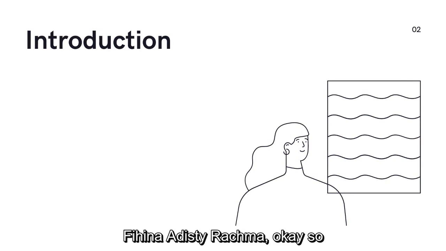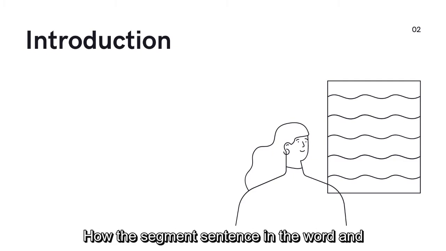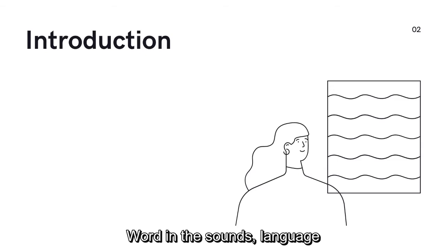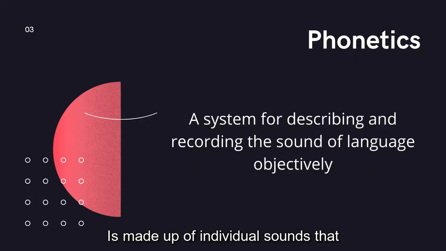Okay, so everyone who knows a language knows how to segment a sentence into words and words into sounds. Language is made up of individual sounds that when combined together give us the words that we use in speech.